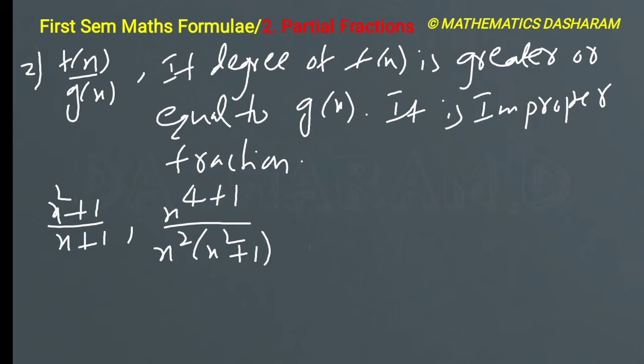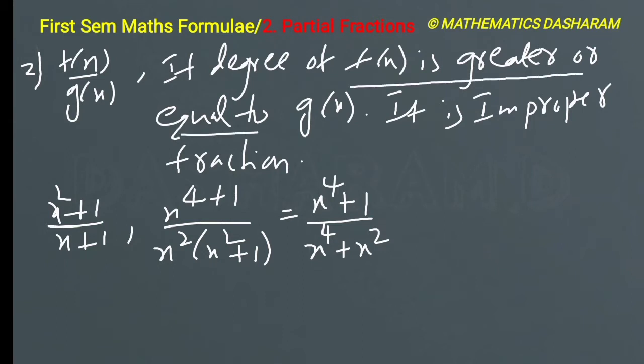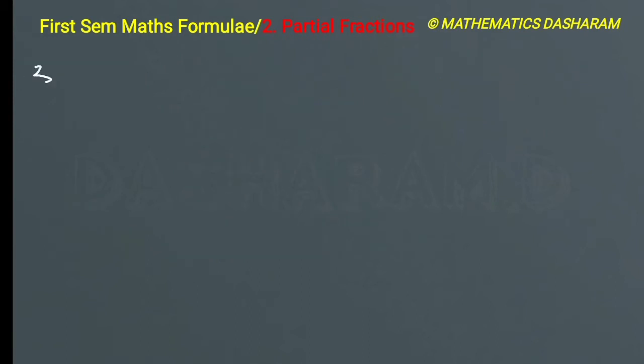Coming to the second one, let's simplify this: x to the power of 4 plus 1 divided by x square into x square, x to the power of 4, x square into 1 is x square. Here the numerator degree and denominator degree are both equal, so it is also an improper fraction. That is why when the degree of f of x is greater than or equal to that of g of x, it is called an improper fraction.